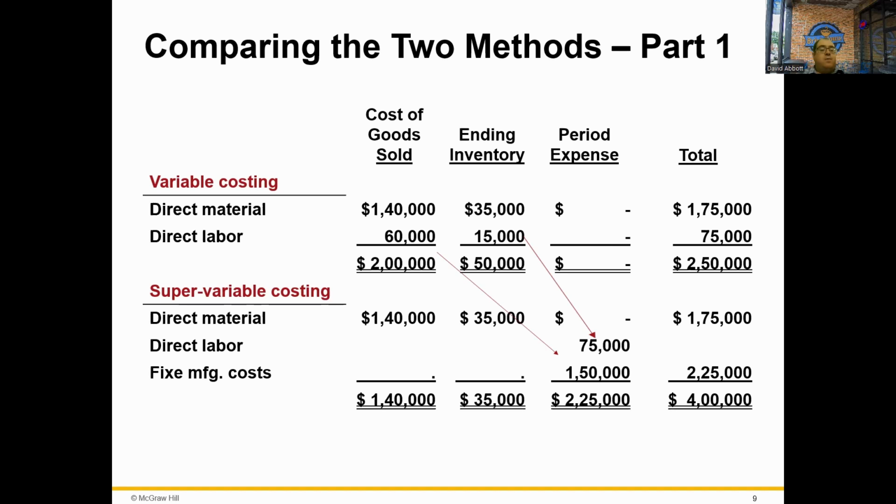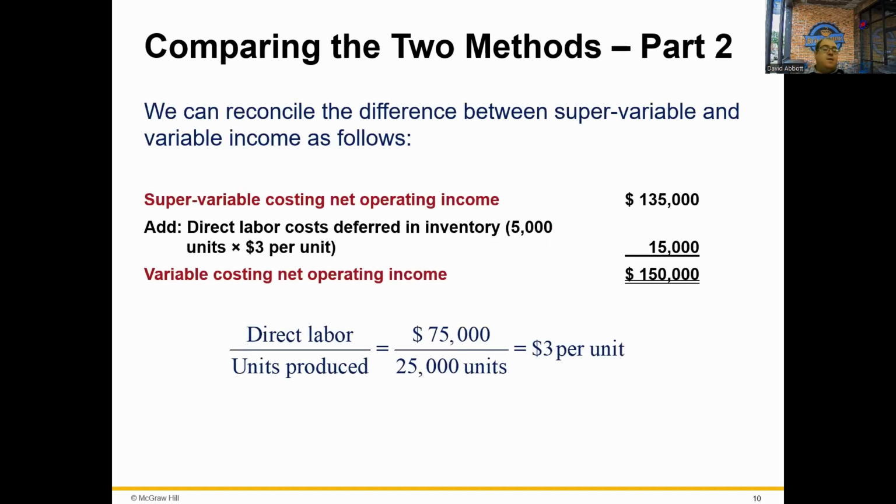The super variable costing ending inventory is $15,000 less than the variable costing, thus explaining the difference in net operating income between the two methods. The difference in operating income, which is 15,000, can also be reconciled by multiplying the number of units in ending inventory, which is 5,000 units, by the direct labor cost per unit, which is $3, that is deferred in ending inventory under variable costing.